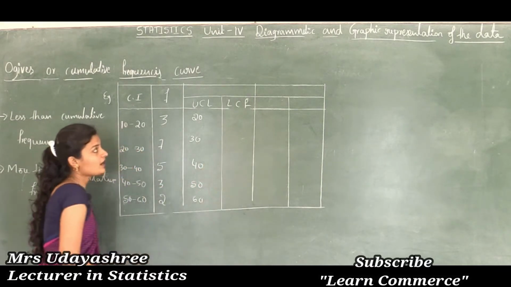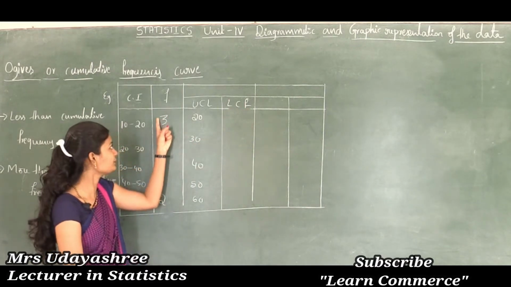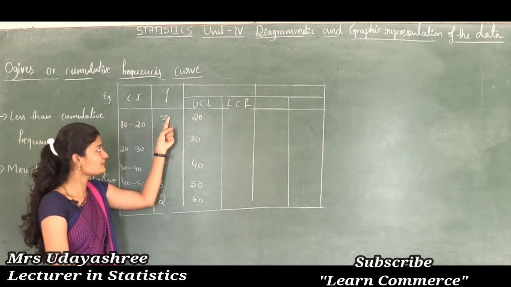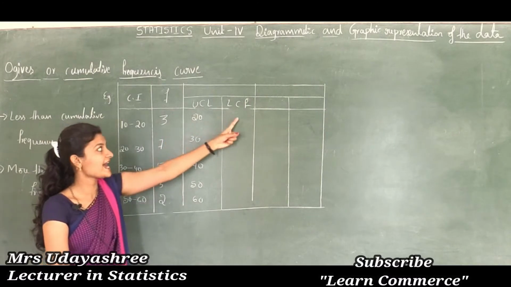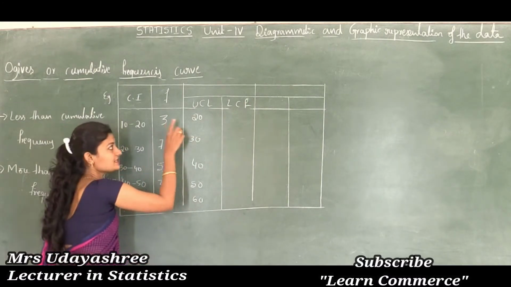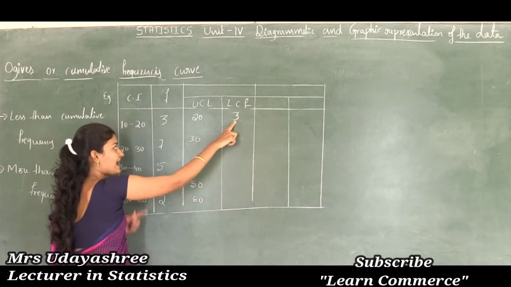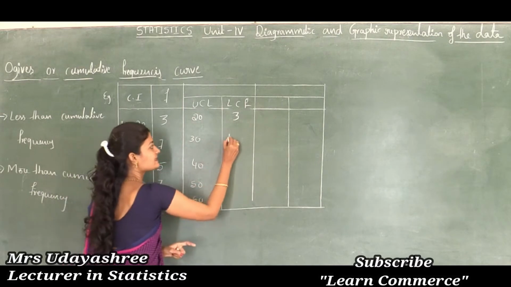Then how to construct the less than cumulative frequency? First we write the first class frequency as it is, so I will write this 3 here. After that, for this 3 I will add the second class frequency: 3 plus 7 is 10.